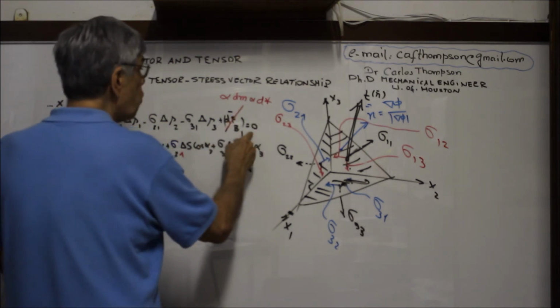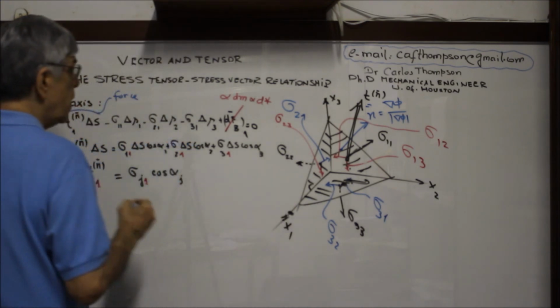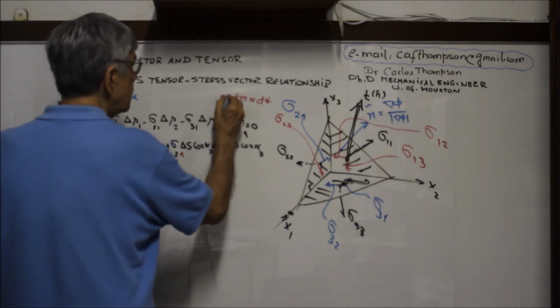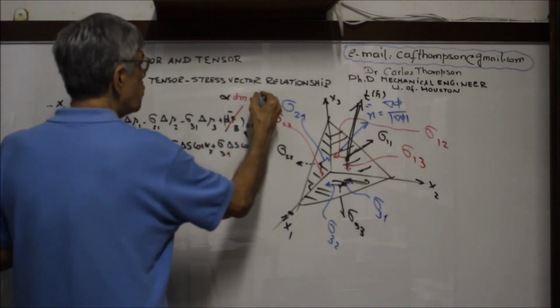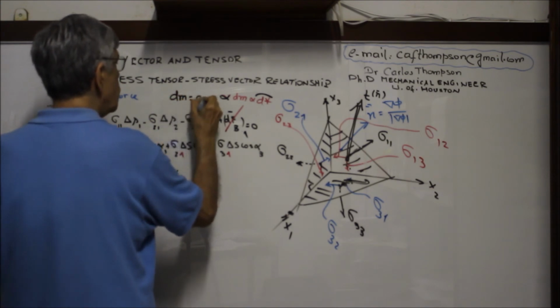Plus the body force component on this x1. Attention now. The body force is proportional to the mass, and the mass is proportional to dV. You do remember dm is rho dV.